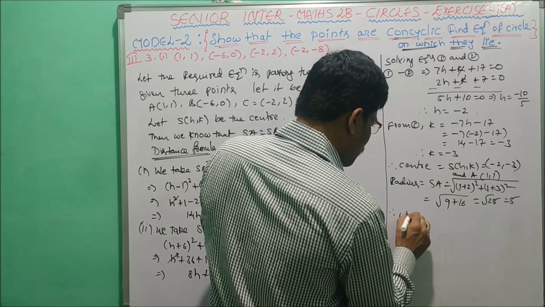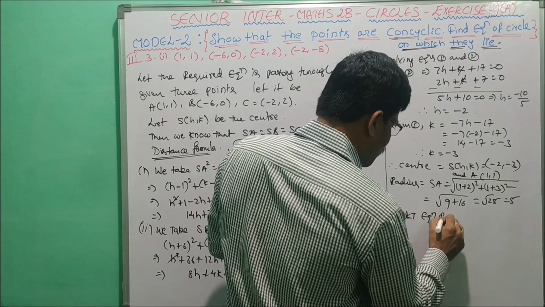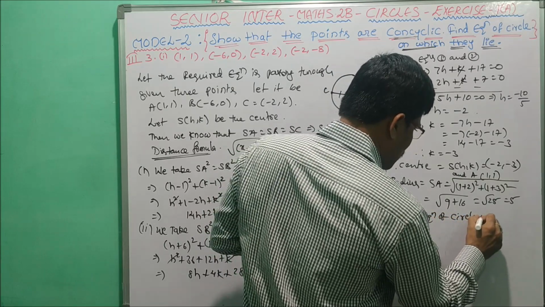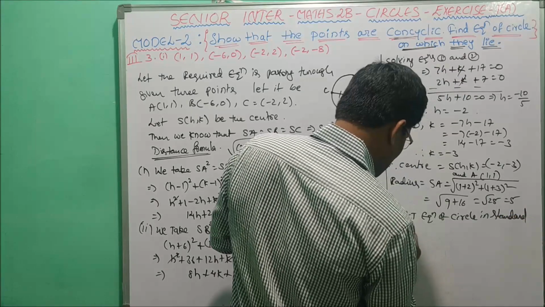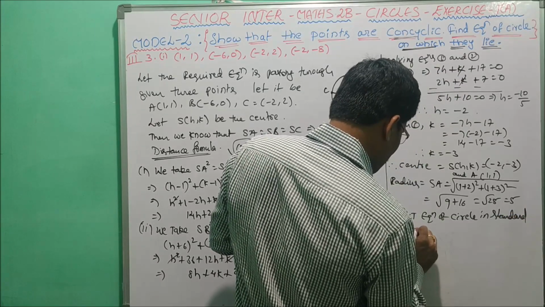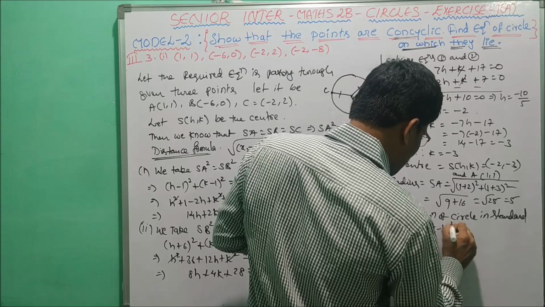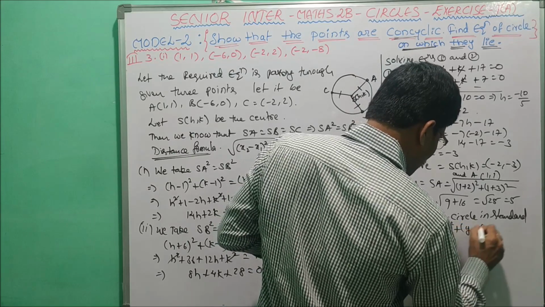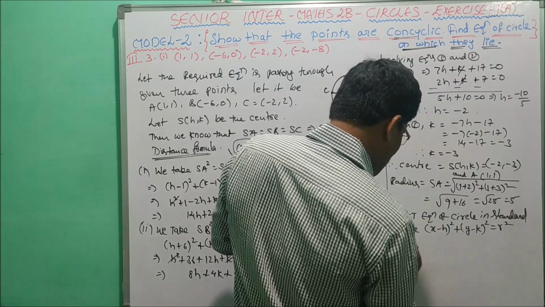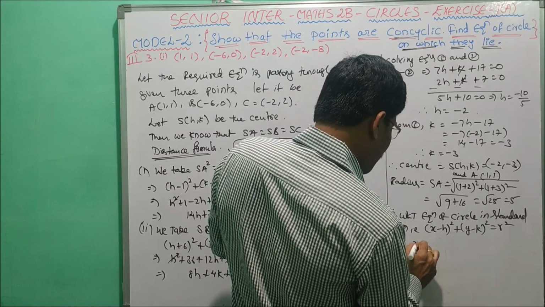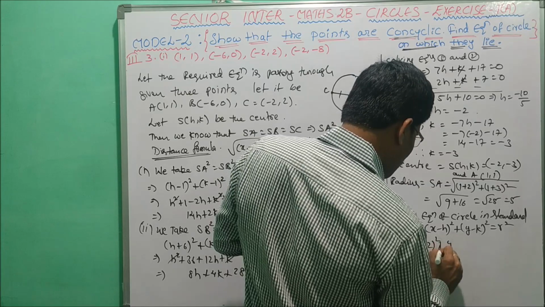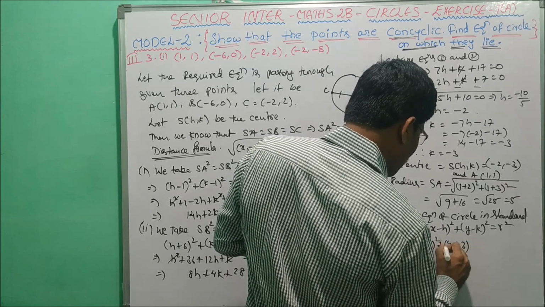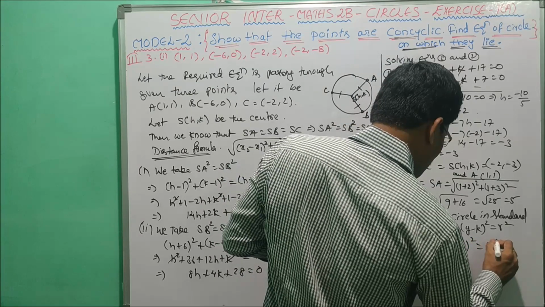Now we know the equation of a circle in standard form, that is x minus h whole square plus y minus k whole square equals r square. In this, x minus of minus 2, that is x plus 2 whole square, plus y plus 3 whole square equals 5 square.